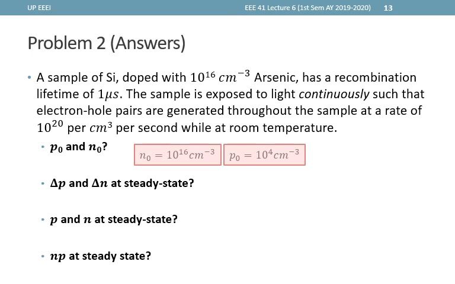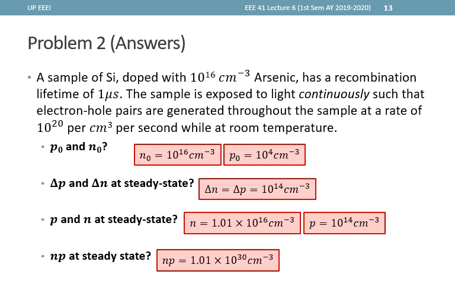So in summary, we were able to obtain these answers. We obtained the equilibrium carrier concentrations based on the doping concentration, the material, and the temperature. So we need the temperature to be able to use 10 raised to 10.